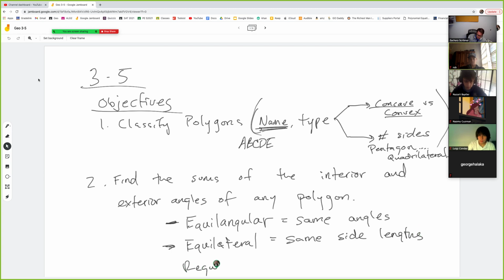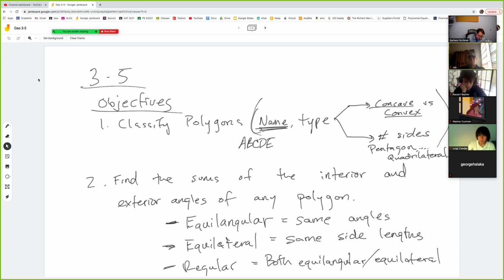Regular: both equiangular and equilateral. You should be able to find the sums of the interior and exterior angles.